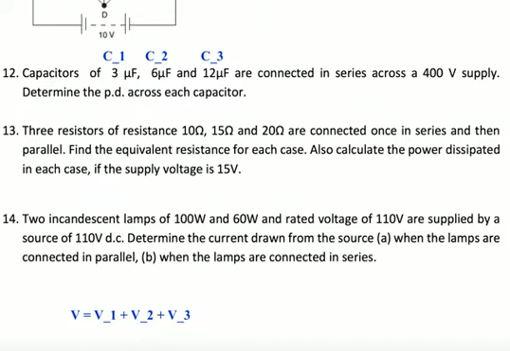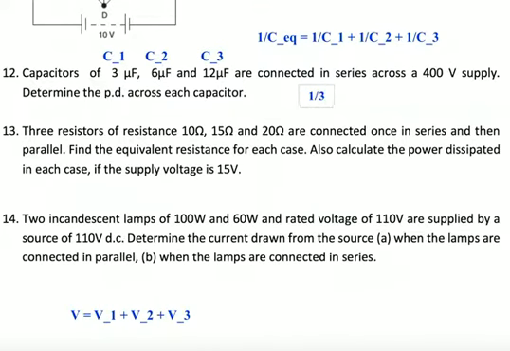What is the total capacitance? For C equivalent, 1 by C equivalent equals 1 by C1 plus 1 by C2 plus 1 by C3. So 1 by 3 plus 1 by 6 plus 1 by 12. Add them up.